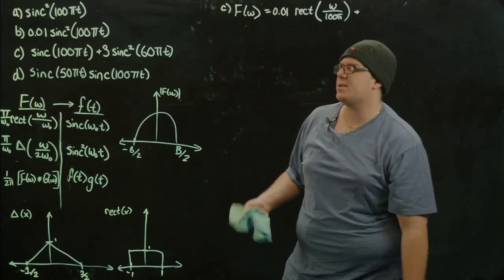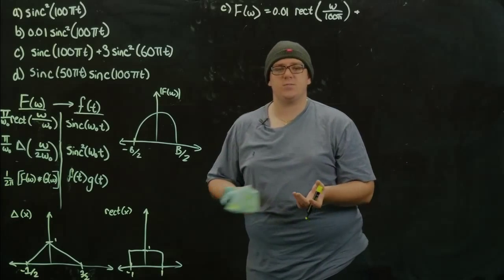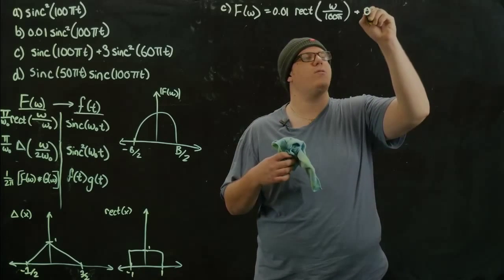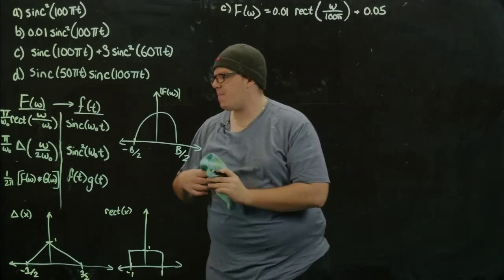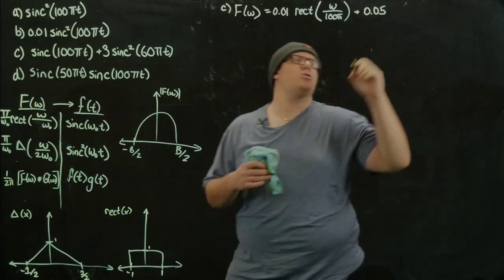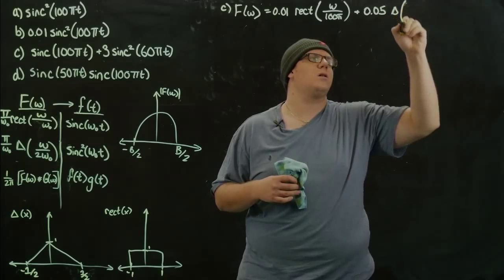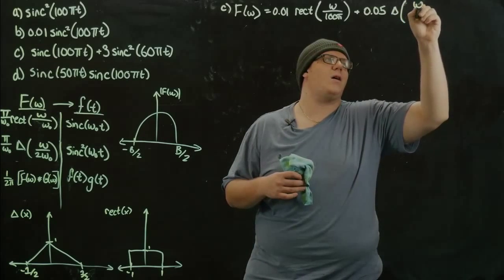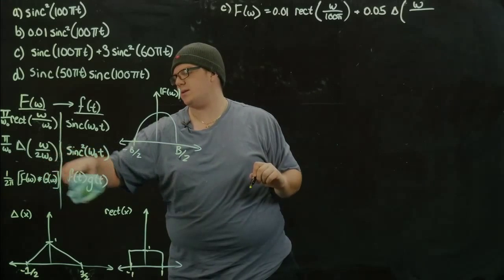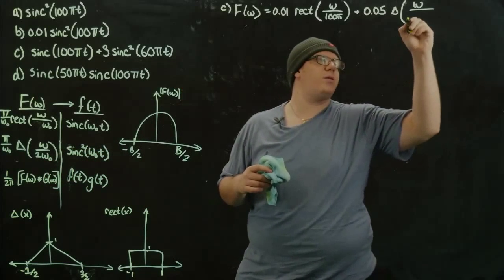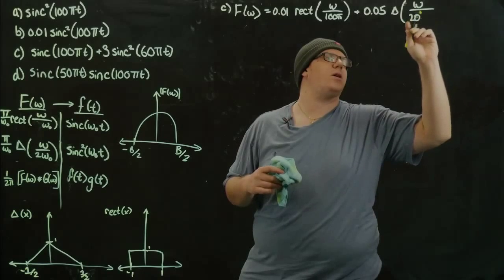Sorry, 3 over 60. 3 over 60 is 1 over 20, or 0.05 for our modulus out front there. And then we get the triangle function of omega over 2 omega 0 here. We end up with 200 pi. Sorry, 120 pi.